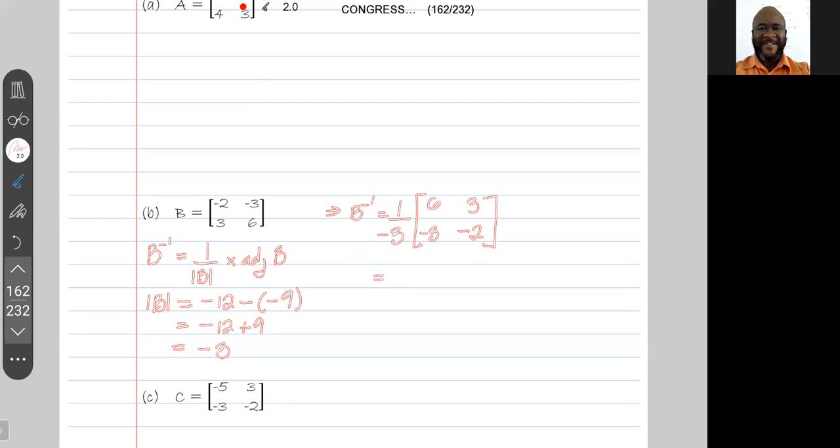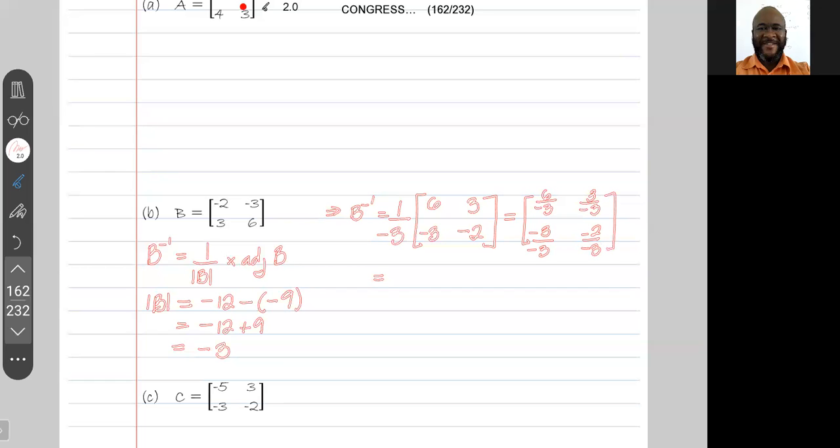Multiplying by 1 over minus 3 is the same as saying divide by minus 3. So this would be 6 divided by minus 3, 3 divided by minus 3, minus 3 divided by minus 3, and minus 2 divided by minus 3.